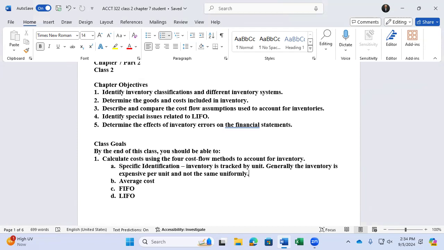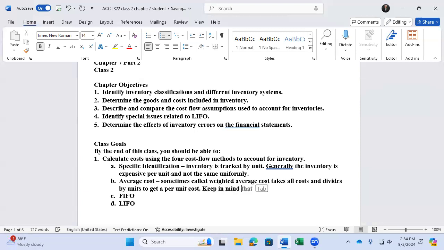So, specific identification. Average cost: weighted average takes all costs and divides by units to get a per unit cost.